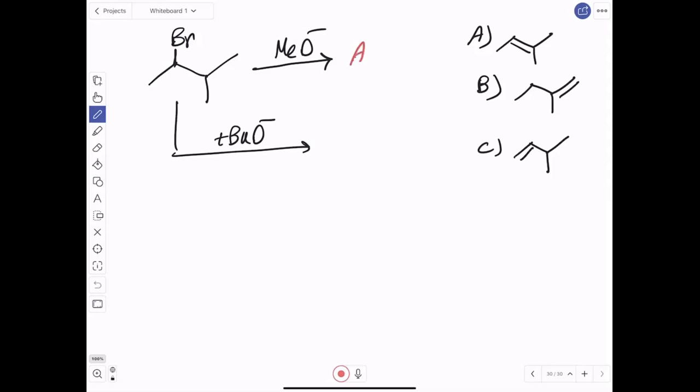A. Which one is the answer with tertiary methoxide? C. Good.